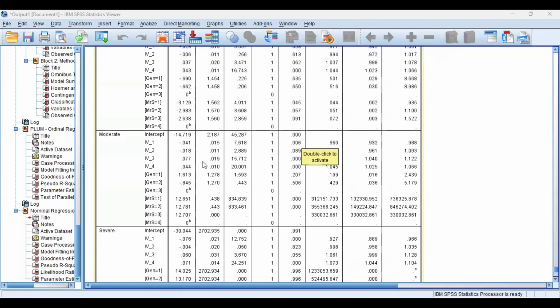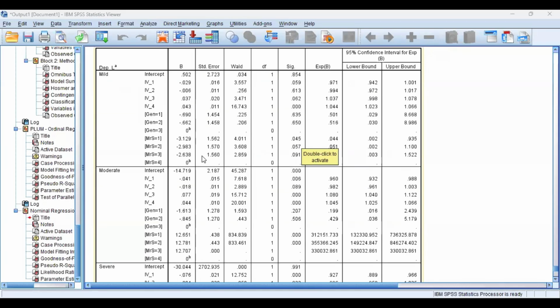So it can have a similar interpretation like this, but as you can see in publications, they usually don't go through these details for the covariate variables. They just interpret the main independent variables, saying that the covariates are controlled in the models.